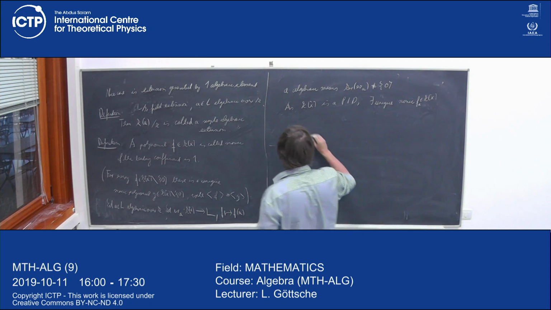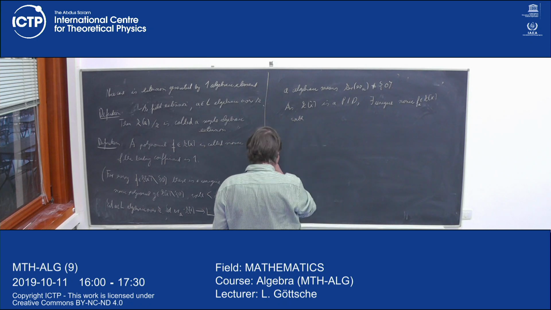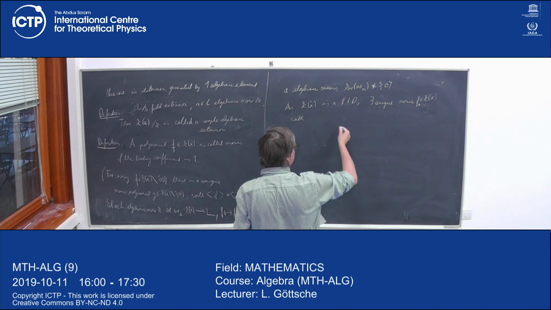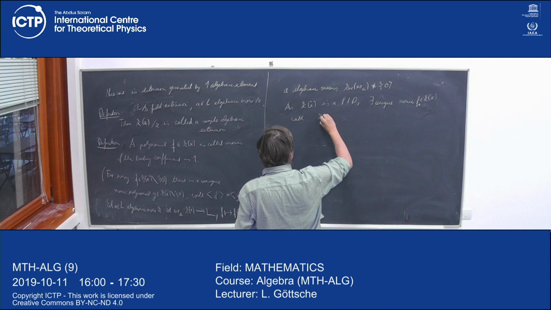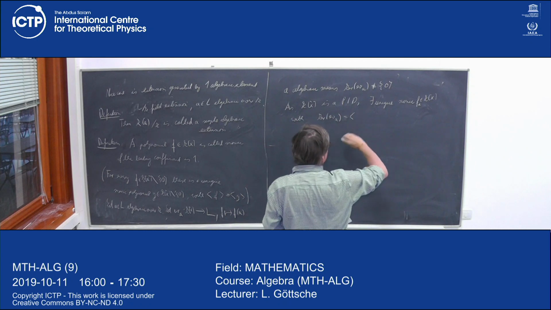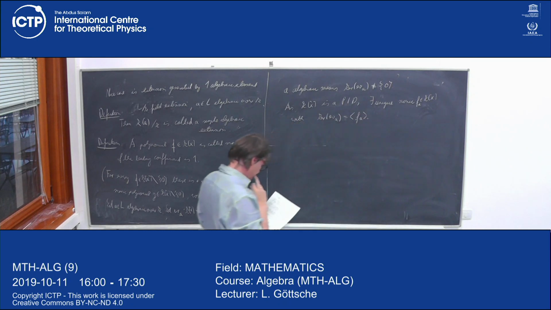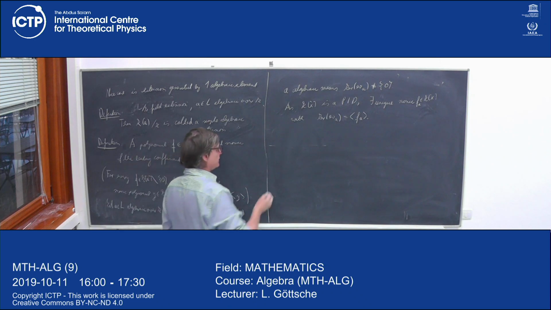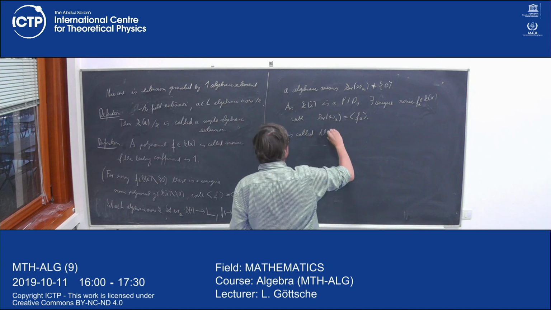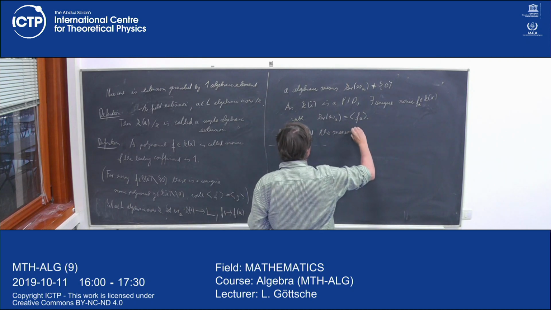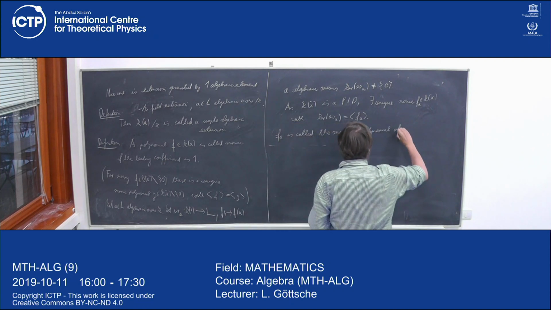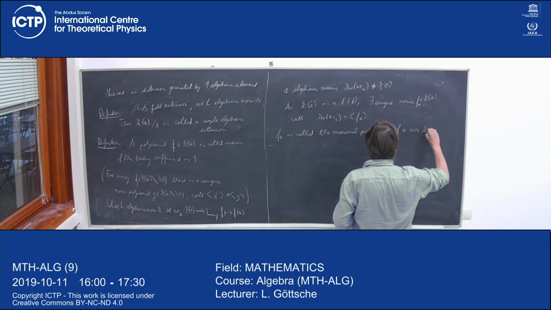We'll call it f_a, with the kernel of the evaluation at a equal to the ideal generated by f_a. So this f_a is called the minimal polynomial of a over K. So this is one definition.